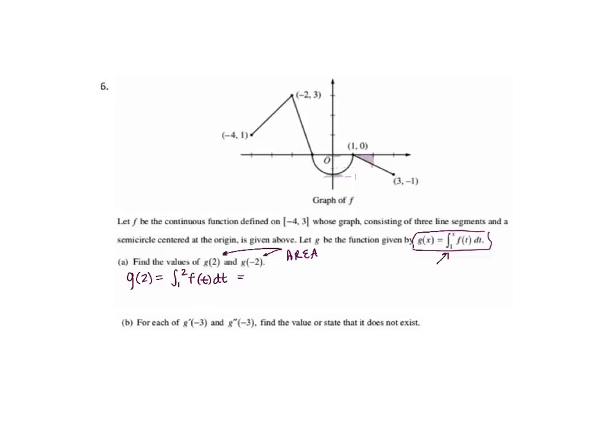So it looks like right through here, that's a safe bet that that is -1/2. And so your area is going to be 1/2 times your base, which is 1/2, times your height, which is 1. That's going to give us 1/4, but then we need to keep in mind that we are below the x-axis, so that's going to be -1/4. Now let's go ahead and find g at -2.